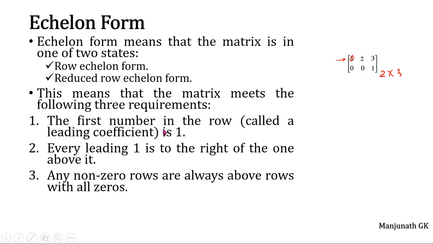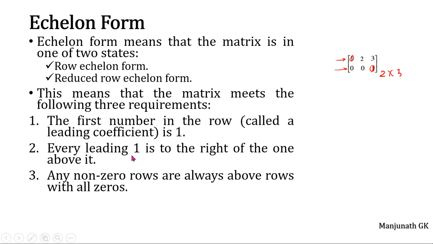And in the second row, the first non-zero number is 1 here. Zeros cannot be considered as a leading coefficient, which should be non-zero. In the second row, the leading coefficient is 1. So the first condition is satisfied here.